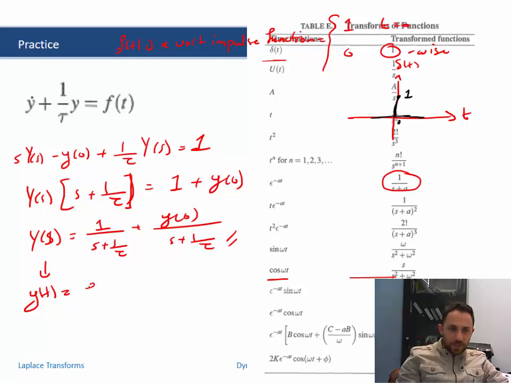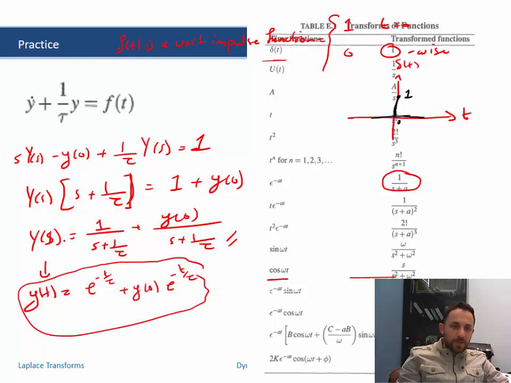So this is equal to e power minus t over tau plus y0 e power minus t over tau. So this is the time domain, and this is called the inverse Laplace, which we will discuss in the upcoming section.